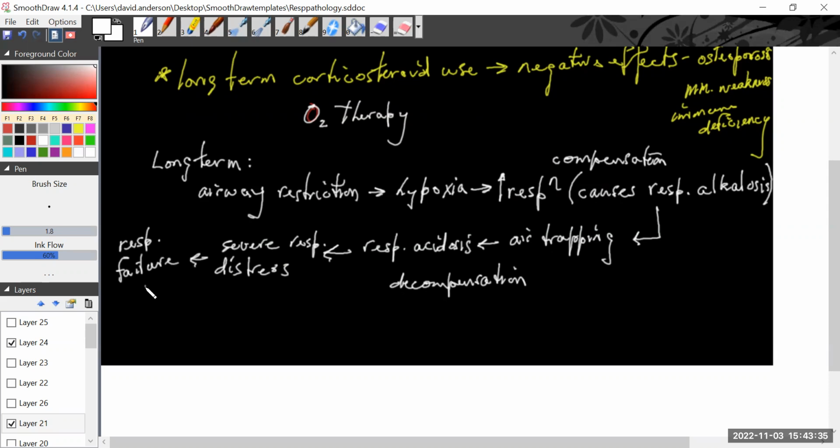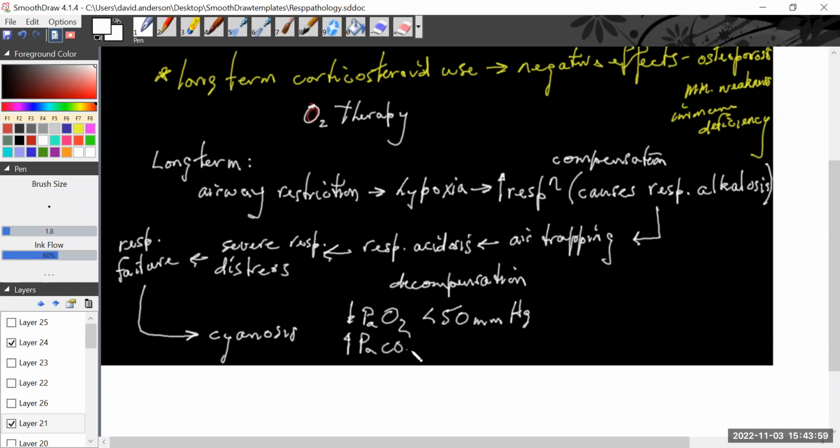And with respiratory failure, we're going to look blue. We're going to have a decrease in PaO2, probably somewhere under 50. These are the numbers we talked about earlier today, and elevated levels of partial pressure CO2 over 50.